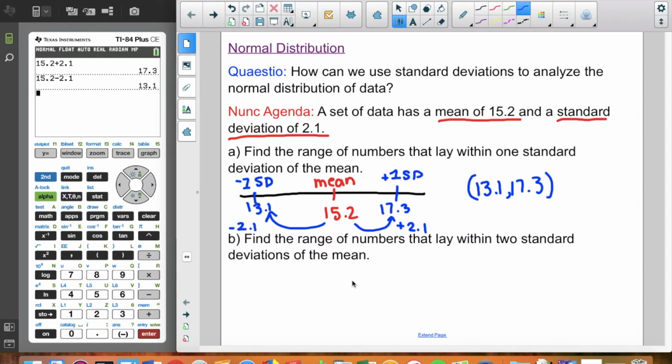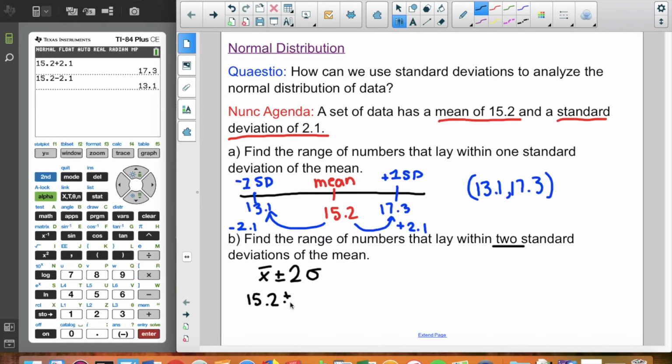But I want to show the other method as well. The other method was you have the mean, and then you add and subtract. Here we're looking for two standard deviations away, so we're adding and subtracting two standard deviations. The mean was 15.2.